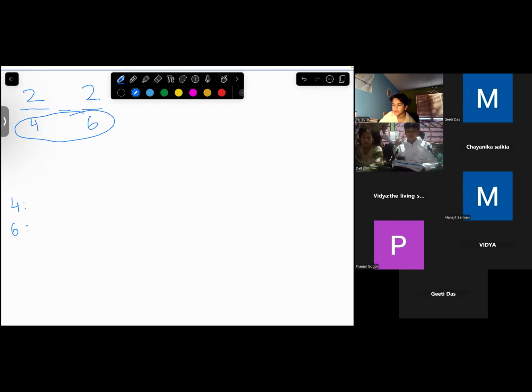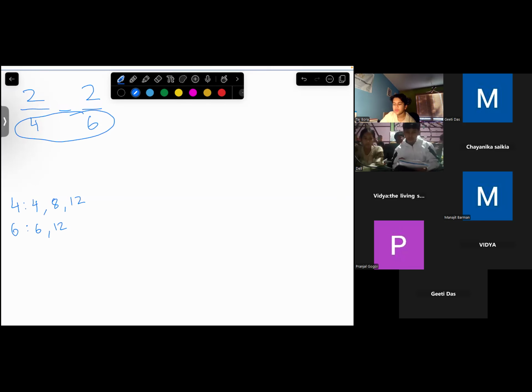So first we'll write 4 down and we'll have 6, and then 4 plus 4 would be 8, 6 plus 6 would be 12, and then we would do 8 plus 4, and that would be 12.